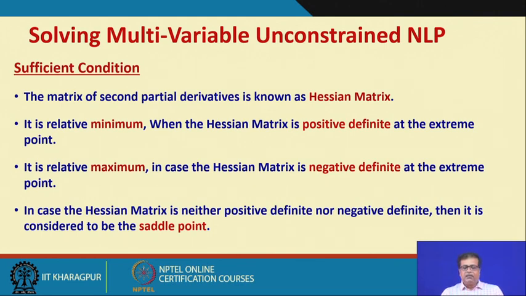The Hessian matrix has to be either positive definite or negative definite, or there could be situations where they are neither positive definite nor negative definite. Now, how to know whether a Hessian matrix is positive definite or negative definite? We shall see in due course of time, but just know this, that if the Hessian matrix is positive definite, then we are going to have a minimum.